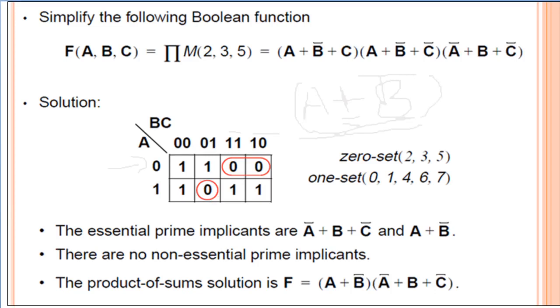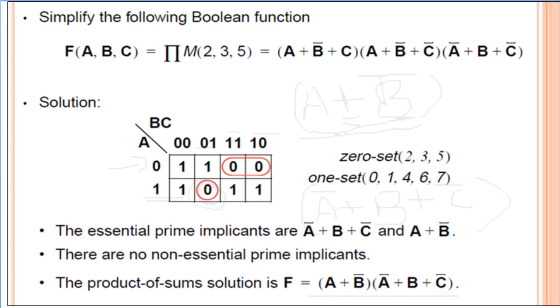Now we have to write the identity for that particular group. This group, single group, this is nothing but this is A, that means this will be A bar plus, that means ORing operator, this is B bar, that means this will be B, that means this is C, that means this will be C bar, and this will be the identity for that particular group, A bar B C bar, this one.